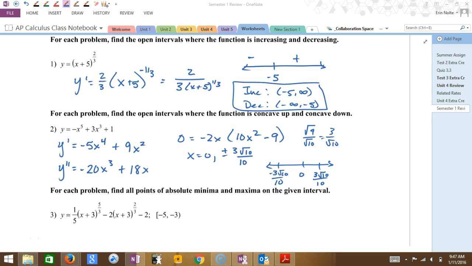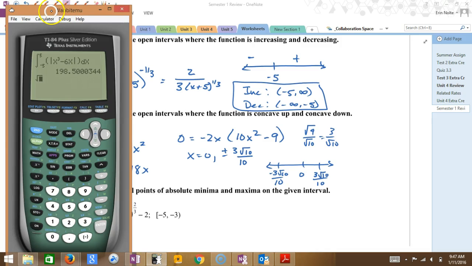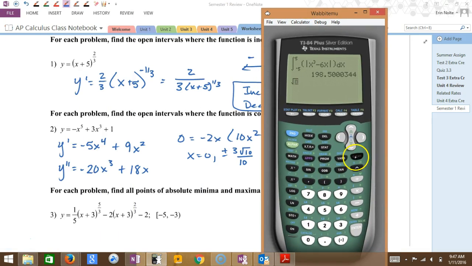Okay, so we can use a half. If we plug a half into the second derivative, the one that's in standard form, I think. So we plug in a positive 1/2. Let's just use our calculator. I feel like that's going to be the most helpful. We have -20 times 0.5 to the 3rd plus 18 times 0.5.